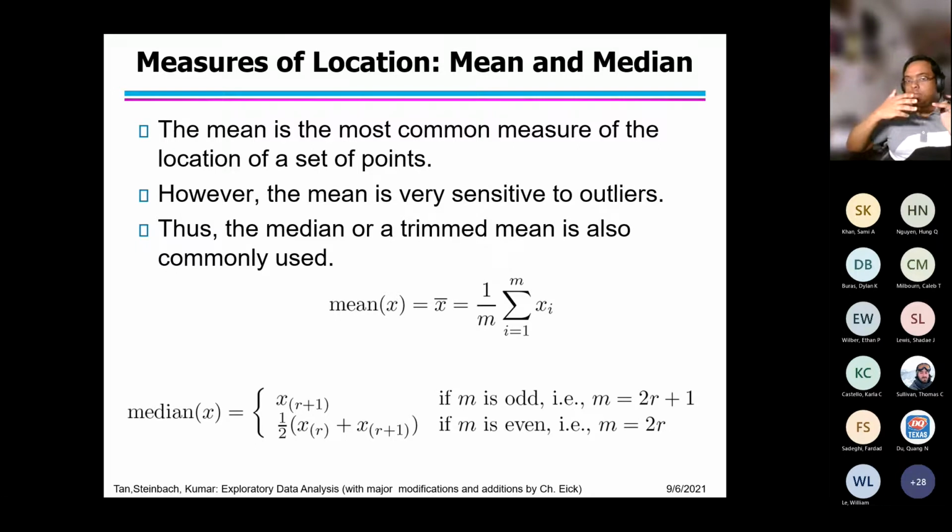The problem with mean, as it's said here, is that it is very sensitive to outliers. There's a very common joke that on average, a human being eats 3 spiders a day or something like that. And you might be thinking, okay, that doesn't really make sense.